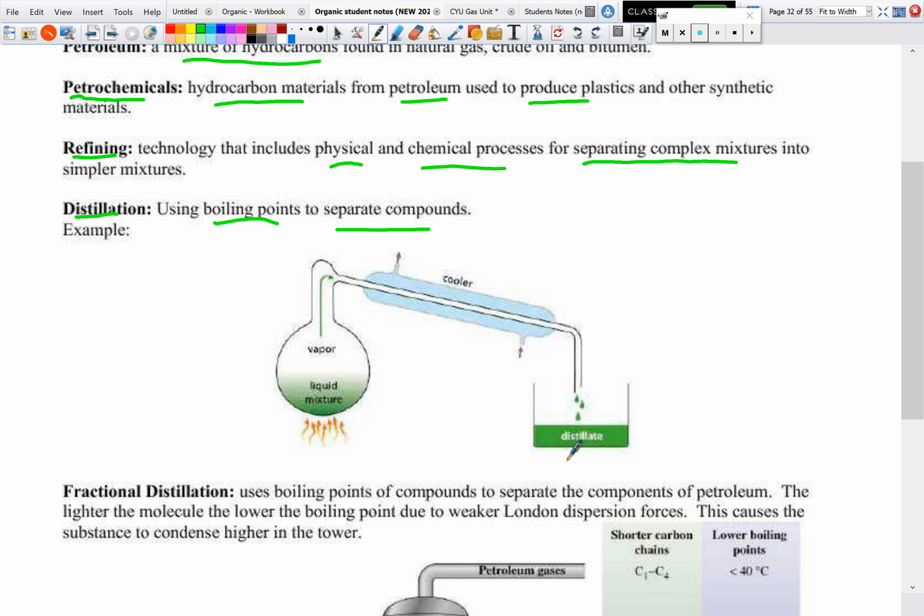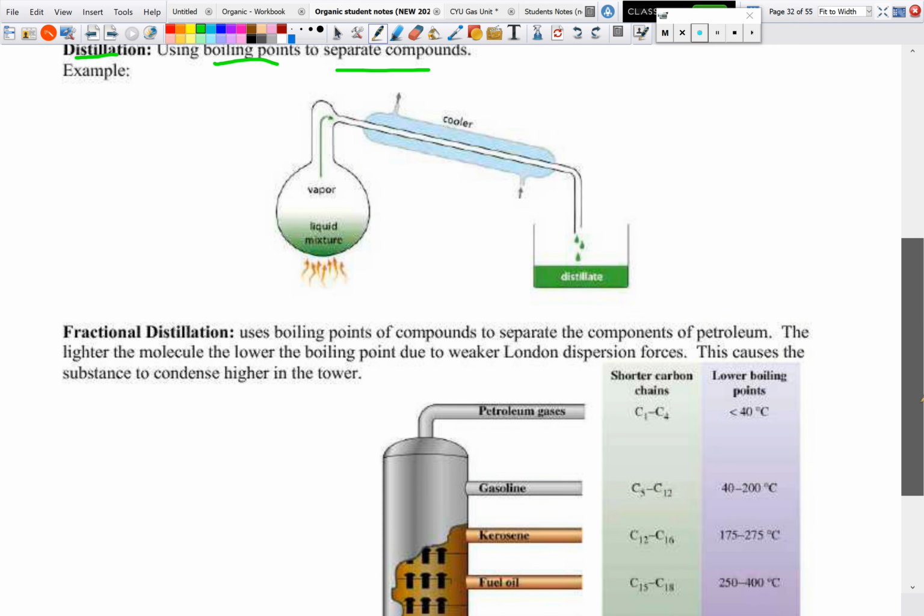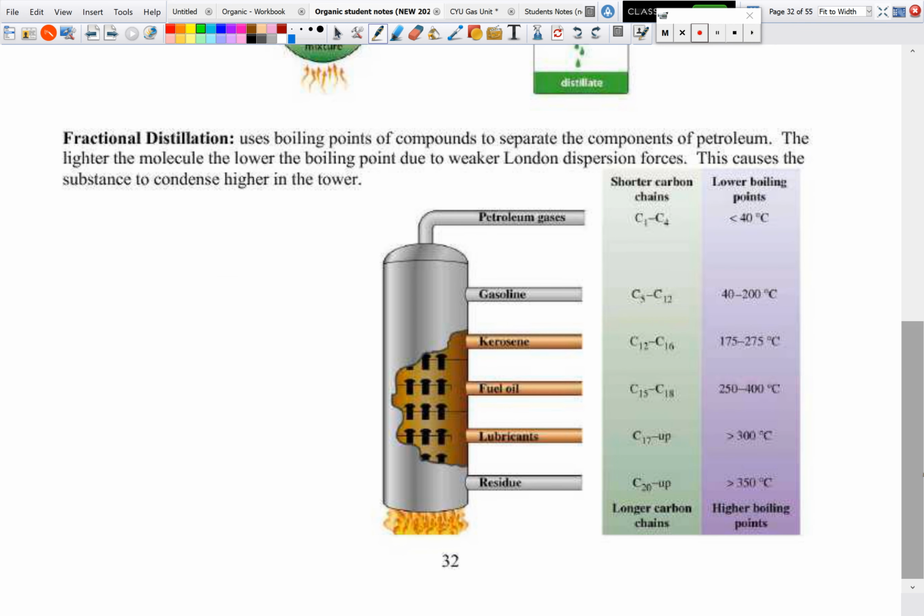This is distillation at its most basic level, where we separate things based on their boiling points, because if you have two things with different boiling points, one's going to boil before the other. Once you boil it off, you cool it, condense it, and then you get the liquid. Now, what they use to do this with hydrocarbons is something called fractional distillation.